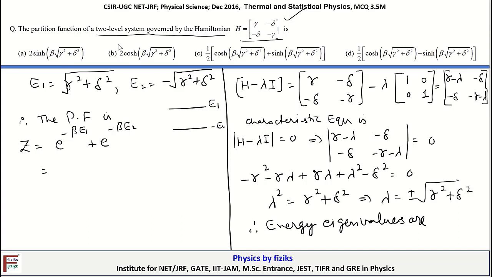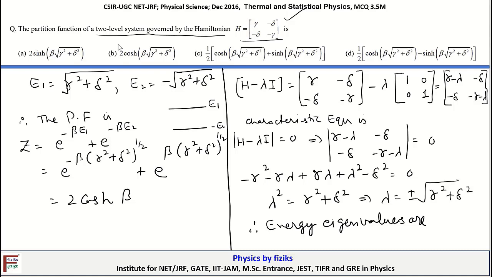Okay, and that is equal to exponential minus beta into gamma square plus delta square power 1 by 2 plus exponential beta into gamma square plus delta square power 1 by 2, or this is further equal to 2 cosh of beta times gamma square plus delta square power 1 by 2.